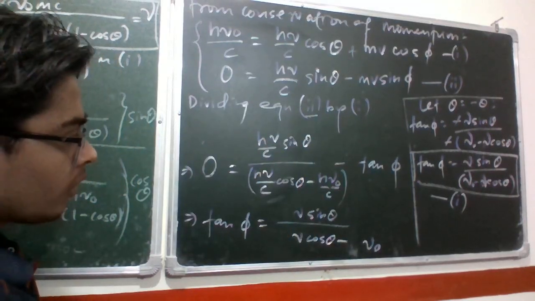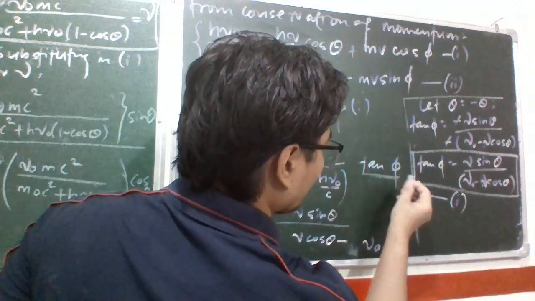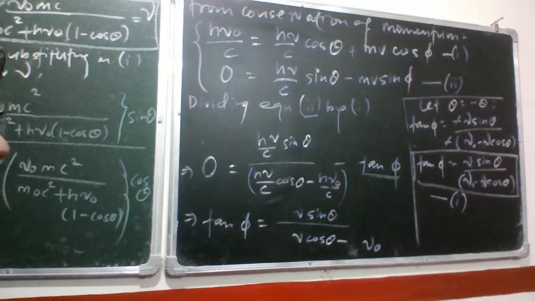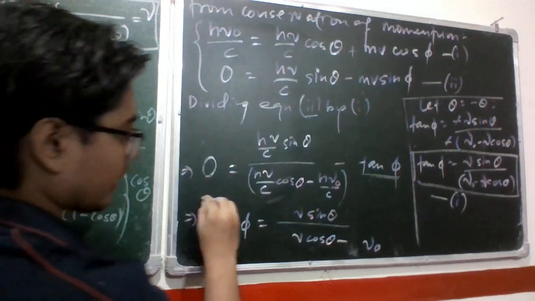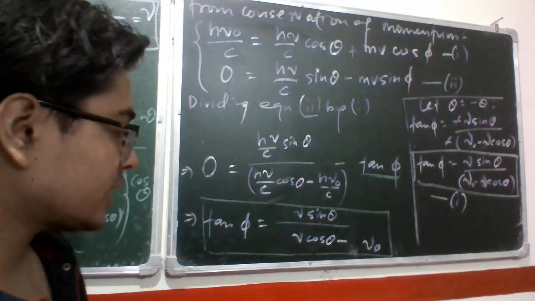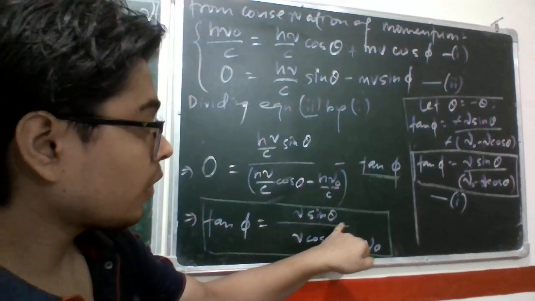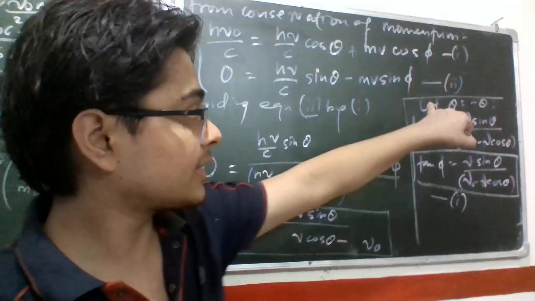Then I got this equation when I took this to the other side. So this is what I got. Now, one clever decision I made was in choosing theta.